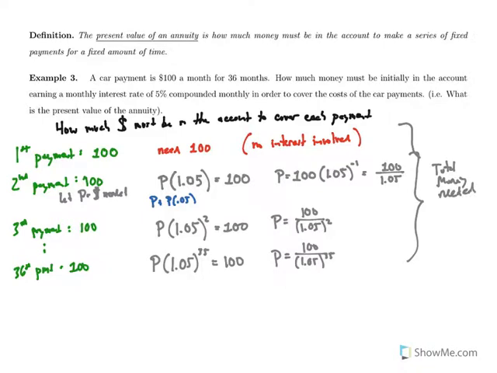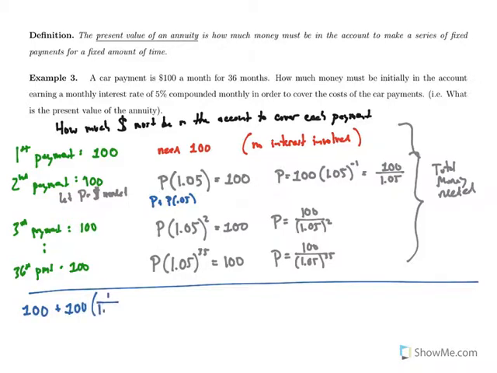So if we add all of this up, we have 100 plus 100 times 1 over 1.05 plus 100 times 1 over 1.05 squared, all the way to 100 times 1 over 1.05 to the 35th power.